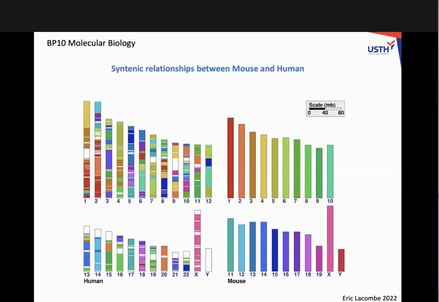So the sequence contained in chromosome 1 of mice will be present in some parts in chromosome 1 in humans, some parts in chromosome 2. You have it also in chromosome 6, and so on and so on. Okay? And so it's a way to compare where some specific genomic sequence located in one specific chromosome in one species is located on the other chromosomes of another species.